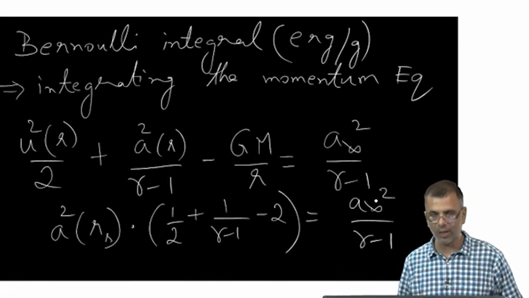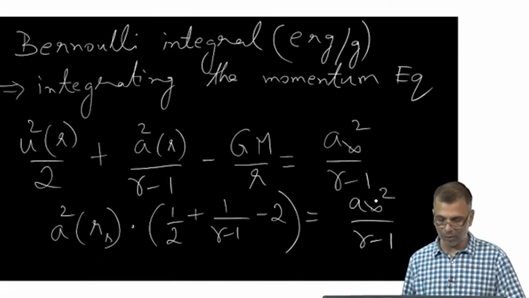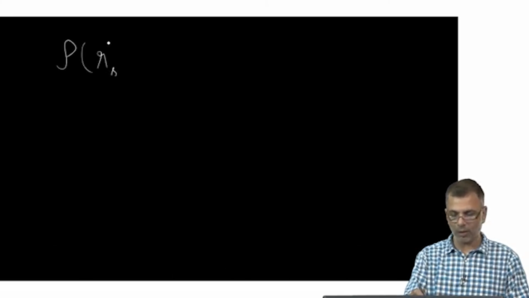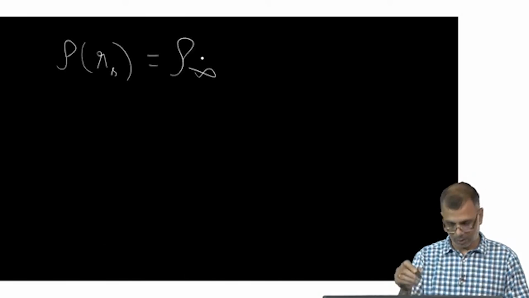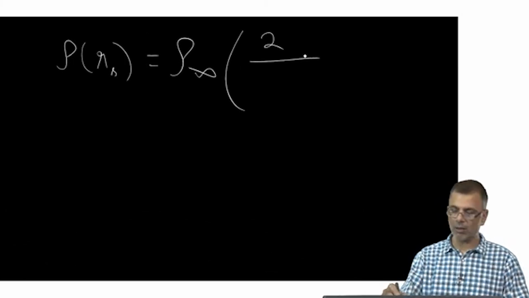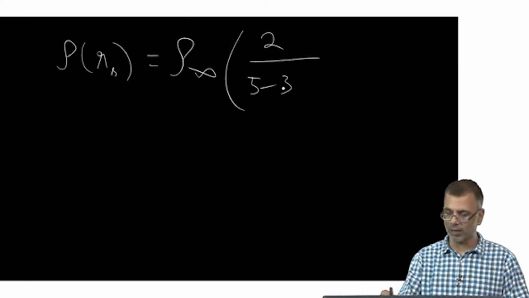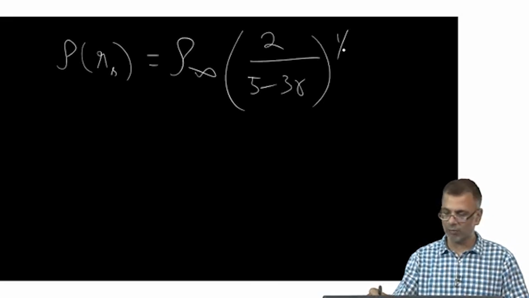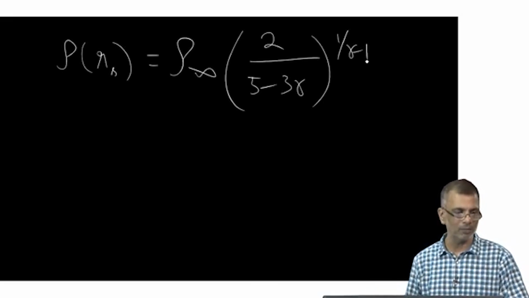That is what I am trying to demonstrate here. You can immediately also have a relation like this: the rho at the sonic point is equal to the rho infinity times 2 over all of these. These formulas I am simply writing down. It is really no sweat to derive any of these using what we have done earlier.